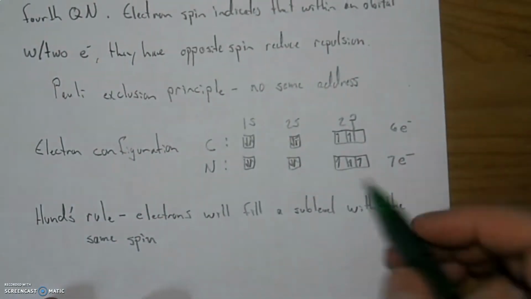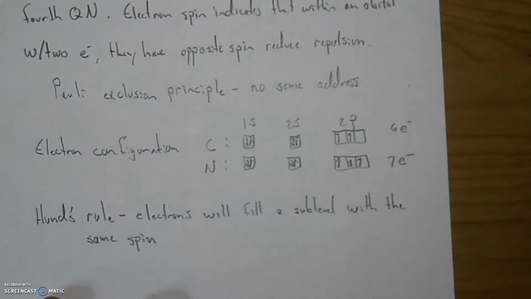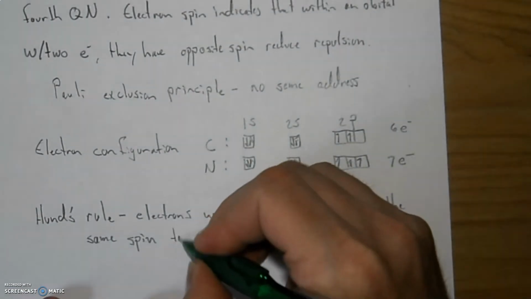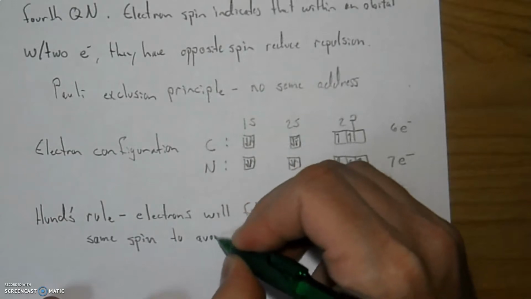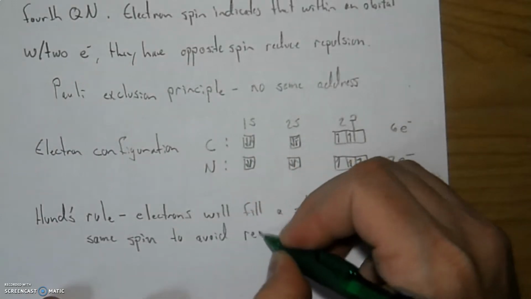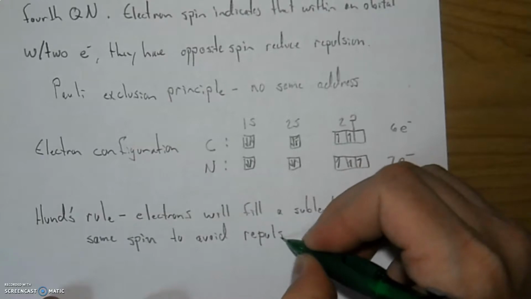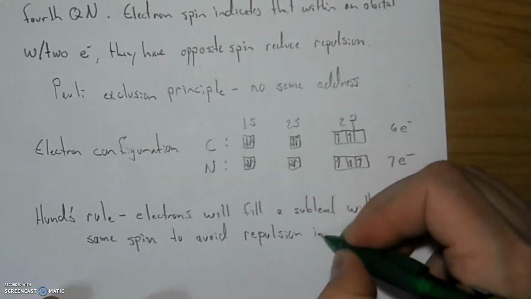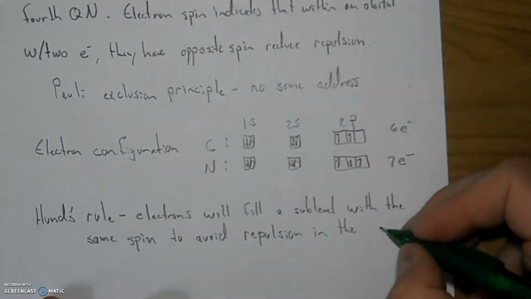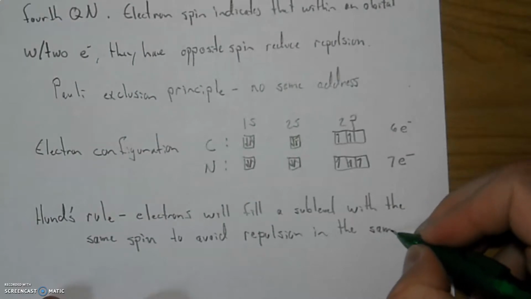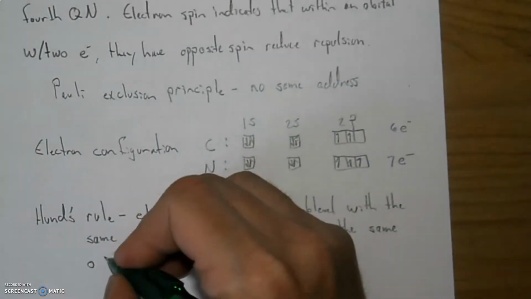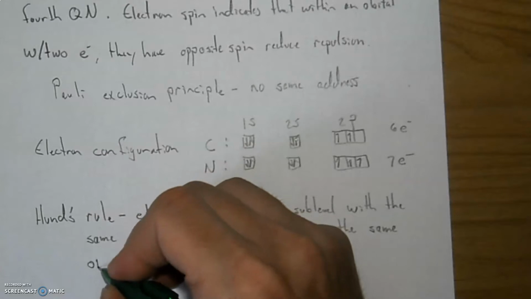In other words, we just do it by coordinates, all up or all down, same spin, to avoid repulsion in the same orbital. So to avoid that repulsion.